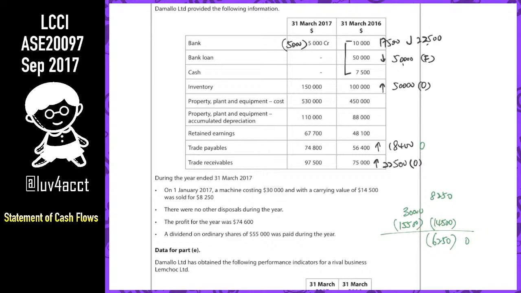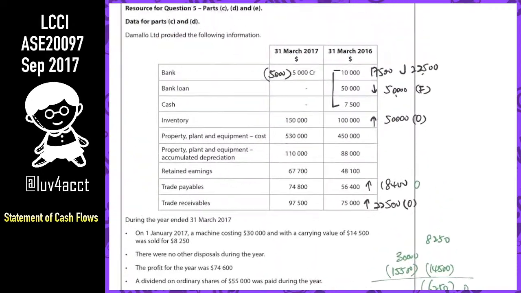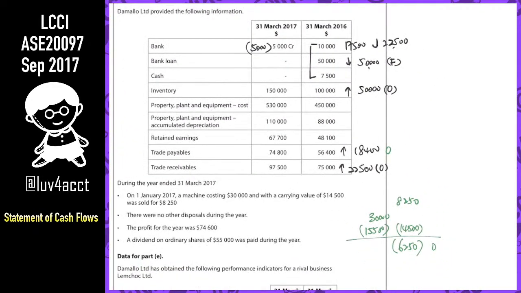No other disposals. The profit given to you, dividend given to you. For part E, that will be used later. So opening property, plant and equipment 88,000. And then the disposal 15,500, and then 110,000 closing.